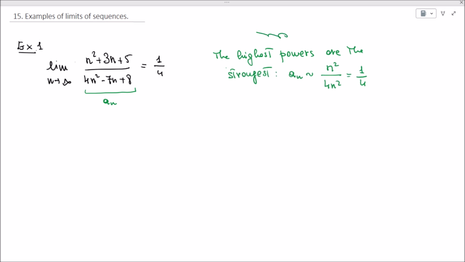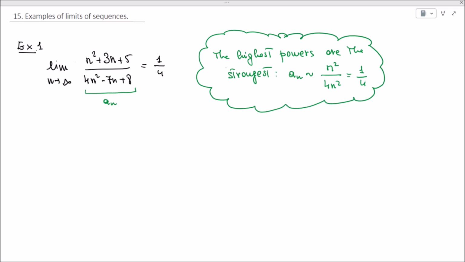So this is the way to calculate the limit immediately at first sight.